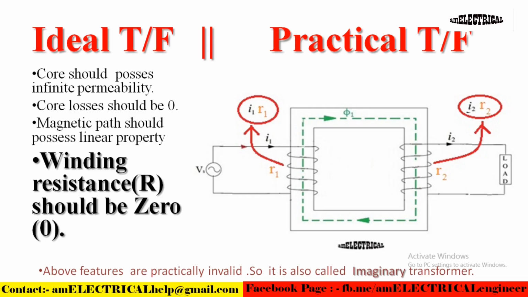Now, if we see the fourth point, the winding resistance should be 0. This is also invalid in a practical transformer because in general we know that if there is a conductor like a winding, then that winding must have the property of inductance and resistance. Here we will assume the primary winding resistance as small r1 and the secondary winding resistance as small r2.